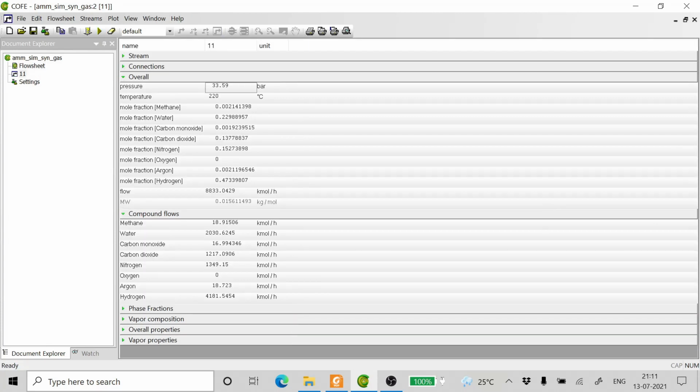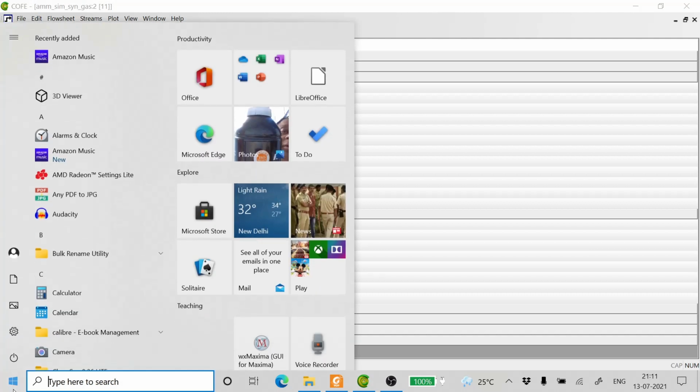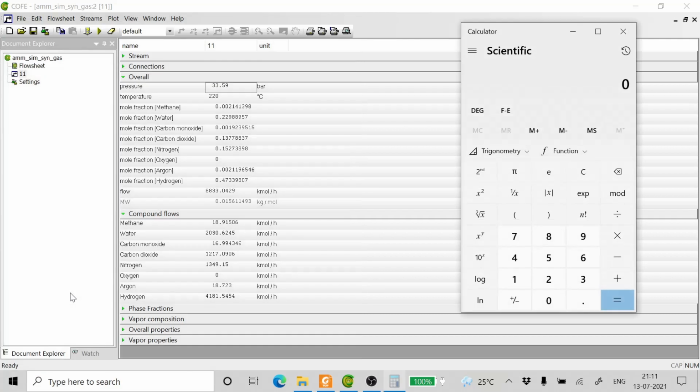Double clicking on stream number 11, what do we find now? Let's go to the calculator. There we are. The amount of hydrogen is 4181.54, divided by the amount of nitrogen, that is 1349.15.